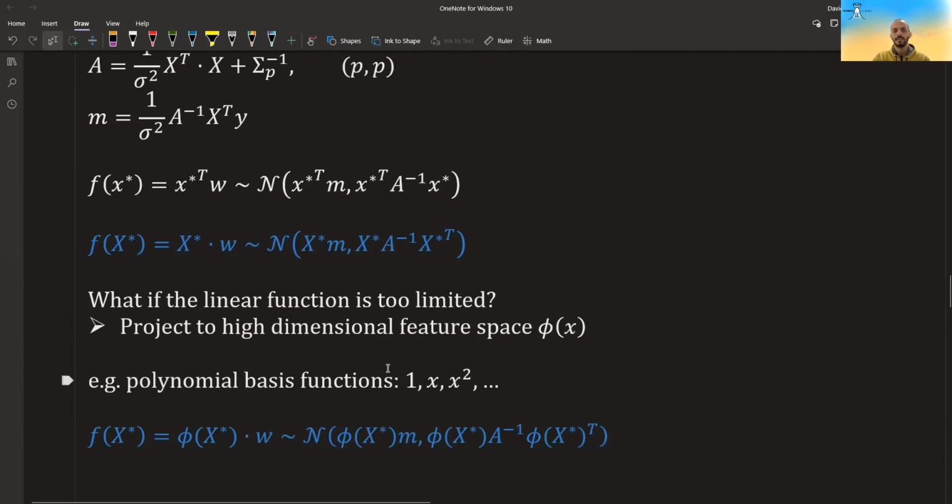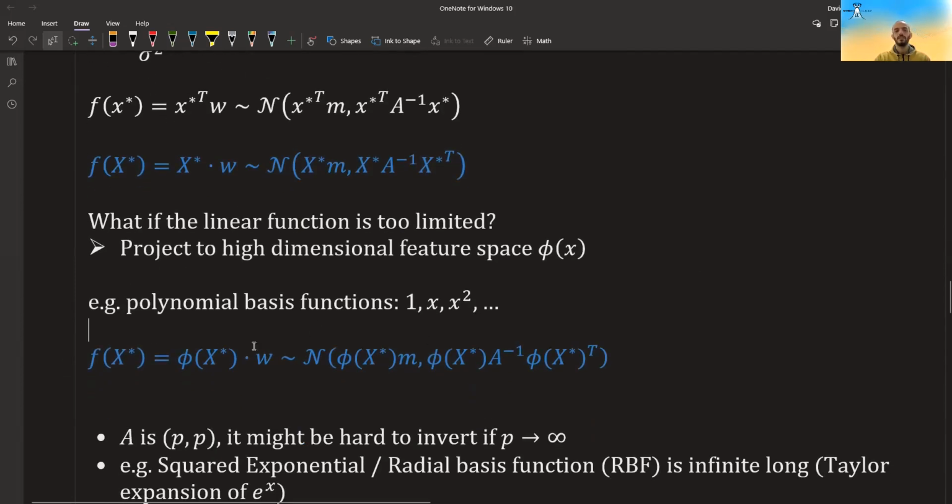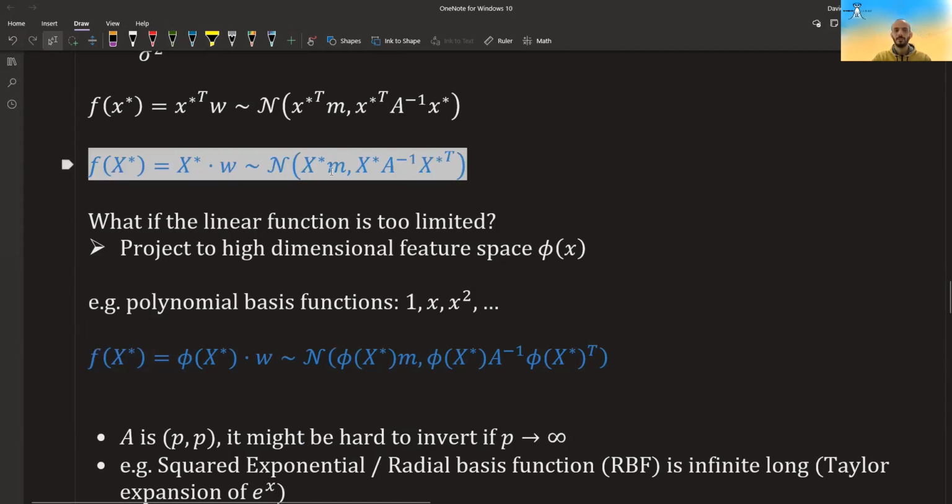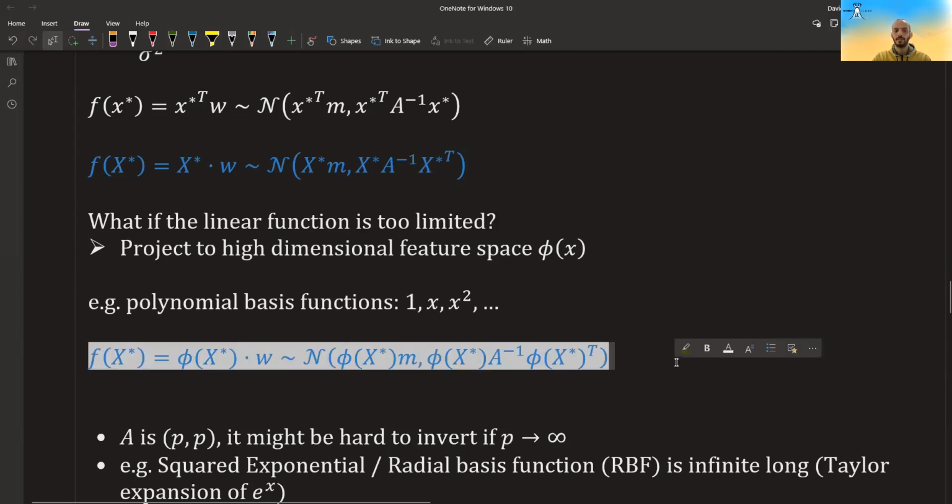Okay, and an example of this could be a polynomial basis function, which is 1, x, x squared, etc. So the only thing that changes is that now, instead of x's, we have the phi of x's. Everything else in the derivation will be exactly the same. So the only thing we change is we moved from this equation to this equation over here.